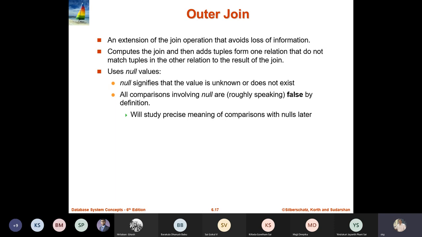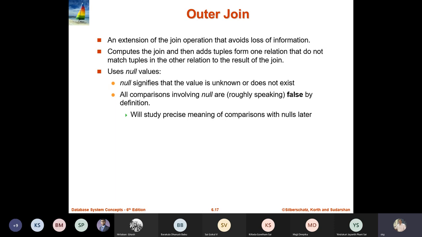So this outer join is an extension of the join operation that avoids loss of information. Though as such we do not encourage keeping null values in the database, because this creates a lot of uncertainty while we do different types of operations. But nevertheless, in this case, our motivation is to avoid loss of information.